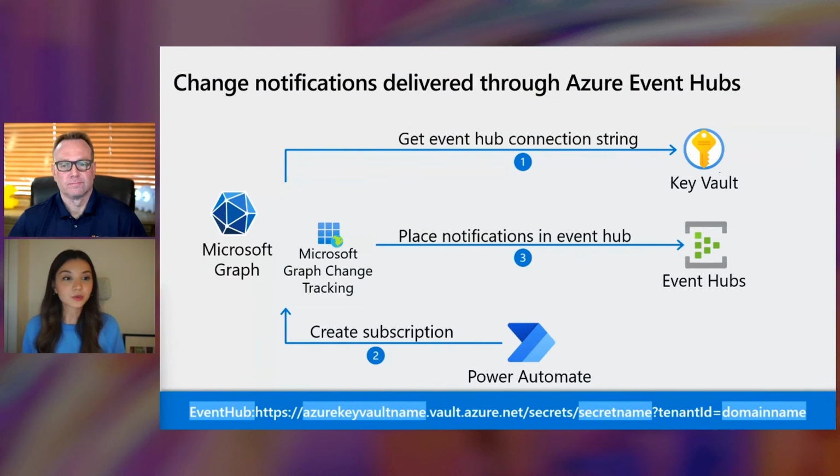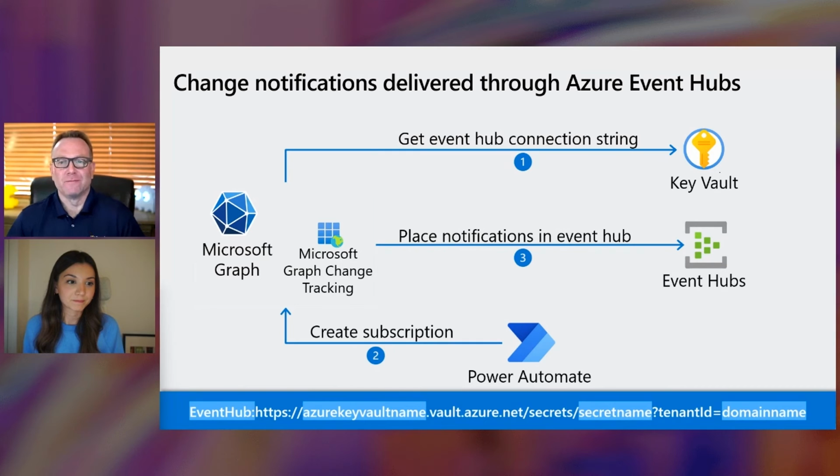And after we subscribe to Microsoft Graph change notifications, whenever there's a change, we want to receive this change in the Event Hubs. To do that, we actually need Key Vault, because while we are subscribing, the notification URL will be in the Key Vault. And we keep the Event Hub connection string in the Key Vault just because of security reasons. I'm sure you used Key Vault before for the same purpose.